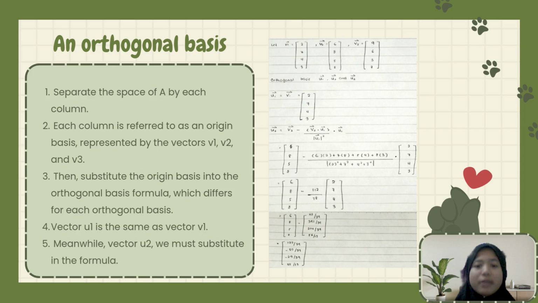Meanwhile, vector u2 you must substitute in the formula. As you can see, it is vector v2 minus the dot product of v2 and u1, divided by the absolute value of u1 squared, multiplied by vector u1. And then if you substitute the values, we will get the answer.